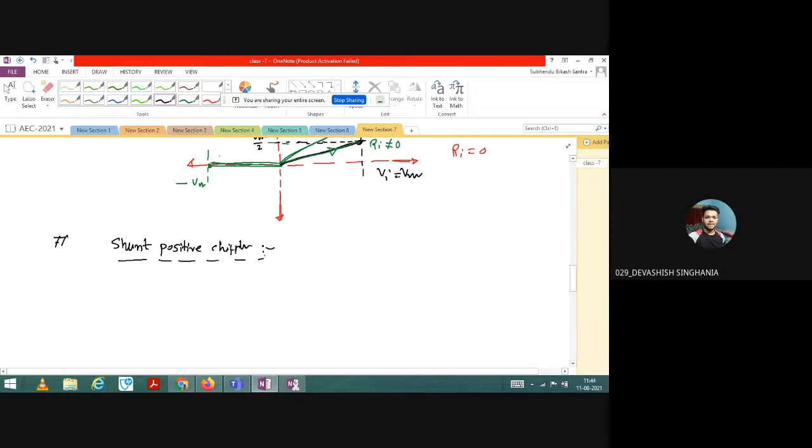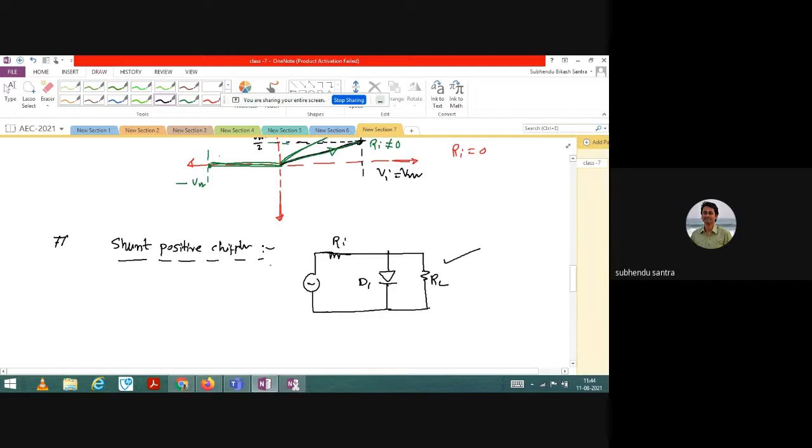Reverse the diode. Very good. Just reverse the direction of the diode. I am not explaining the entire thing; I think you can understand and do it, and analyze both for Ri and RL. So this is the positive clipper and it is shunt.